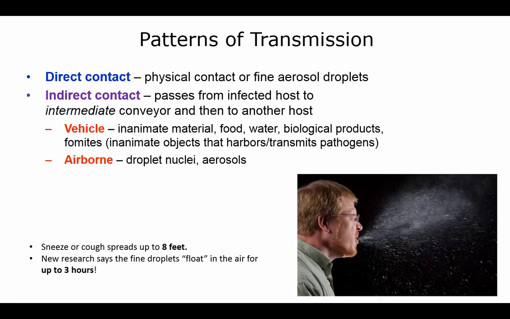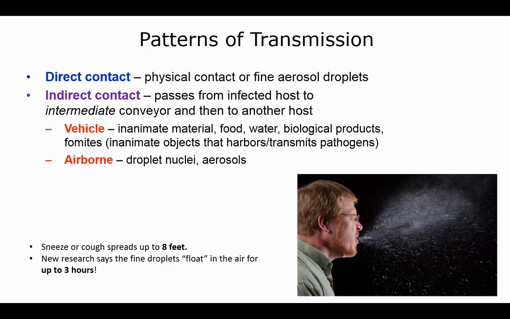Now, how can it be transmitted? By direct contact, where you physically contact the person that has it, or they sneeze or cough and it's in these aerosol droplets, or indirect contact, where there is a vehicle that infects you, an inanimate object that has these microbes, these pathogens, like doorknobs or telephones.